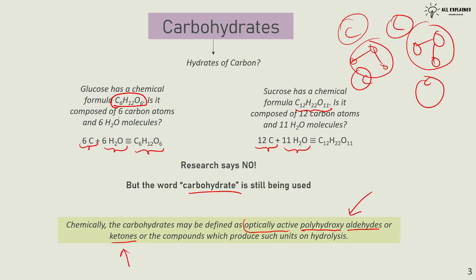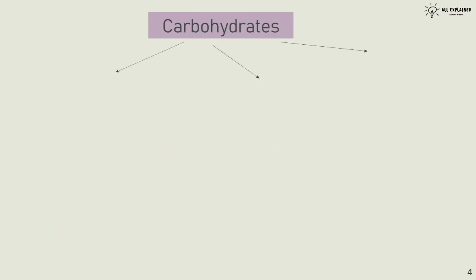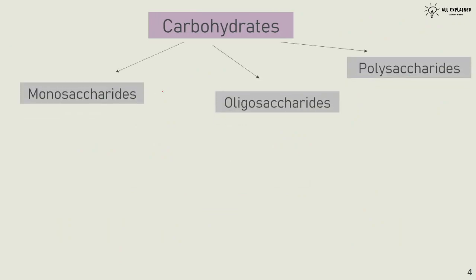And normally they are optically active, but there's one example which is not optically active, as we will explore in the upcoming videos. But yes, carbohydrates may be defined as polyhydroxyaldehydes or ketones, or the compounds which produce such units on hydrolysis. So you need to understand this first, that carbohydrates are classified as monosaccharides, oligosaccharides, and polysaccharides.